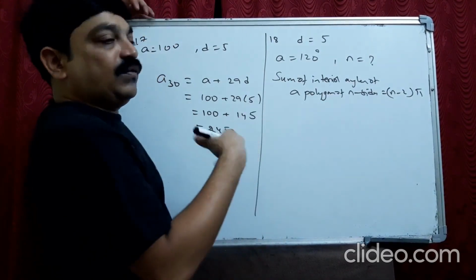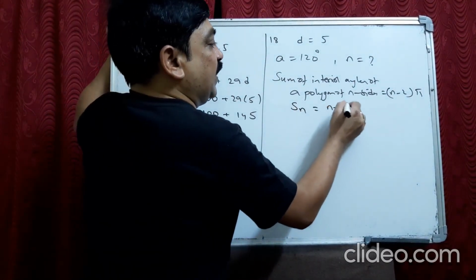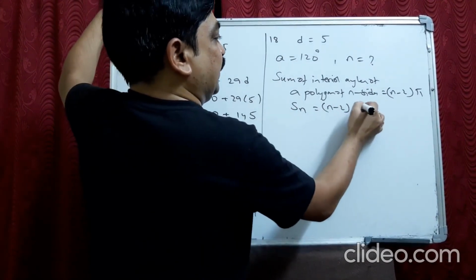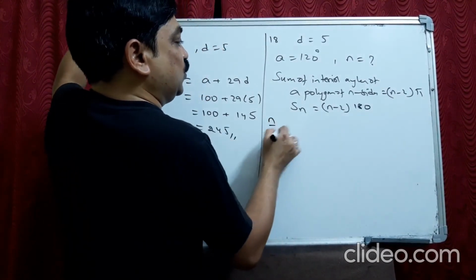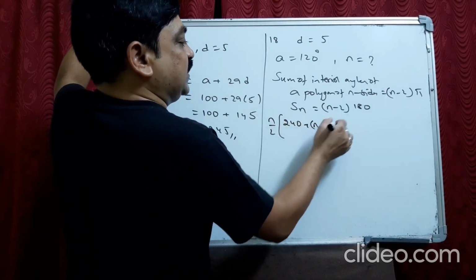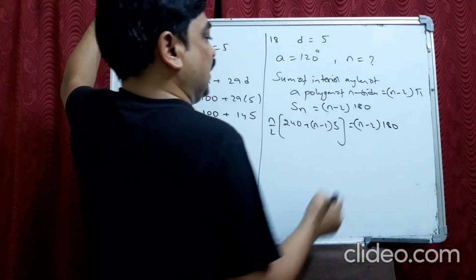Here we don't know, we have to find out what is n. Sn is equal to (n minus 2) into pi, pi means 180 degrees. So the Sn formula is n by 2 of (240 plus (n minus 1) d, d is 5) is equal to (n minus 2) into 180.